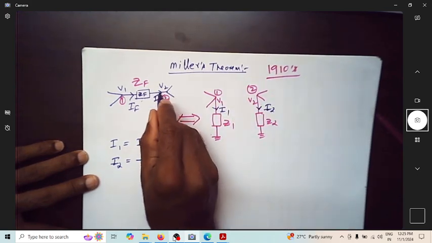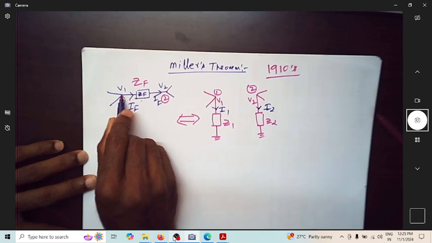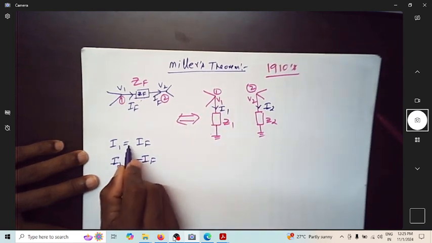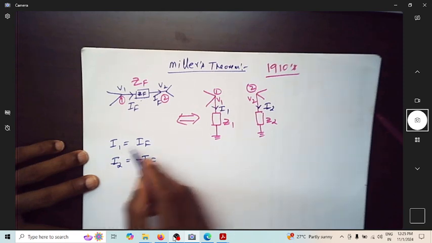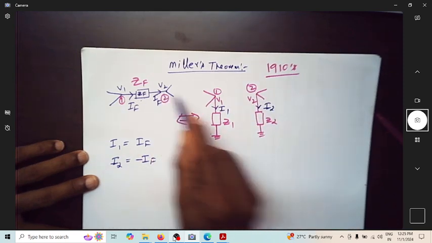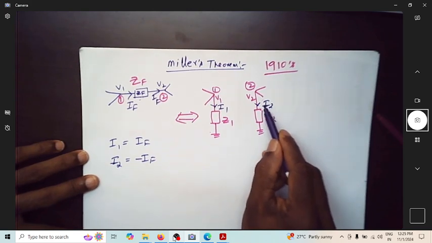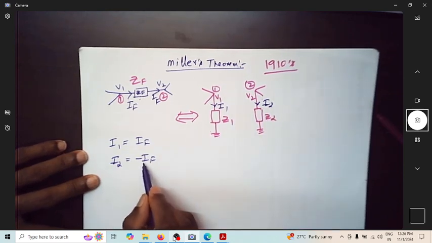You can see this is entering the node, this is leaving the node, whereas here IF was leaving, this is also leaving. So these two are the same leaving current. If the leaving currents are equal and this is entering current, this is leaving current, how do I write this as an entering current? I'll write it as minus I2, that is, minus IF.